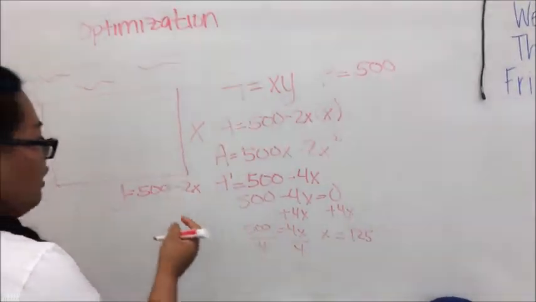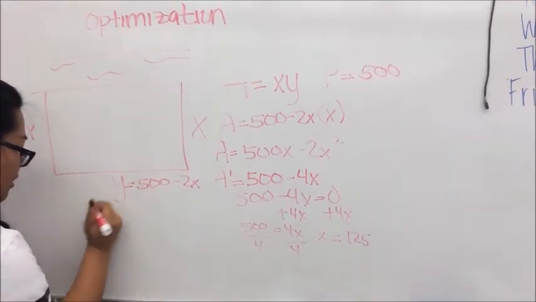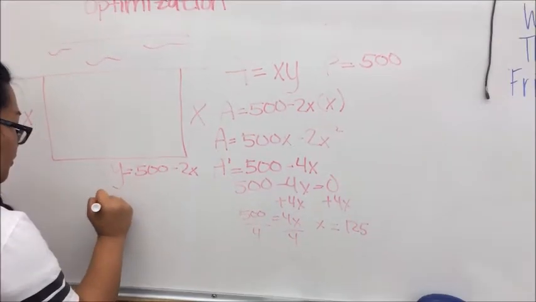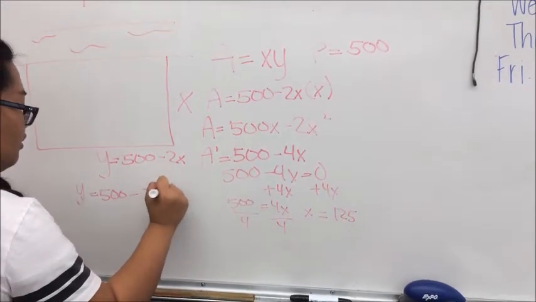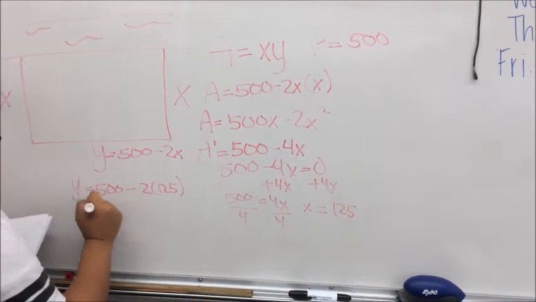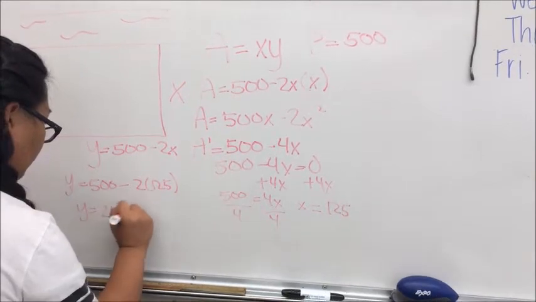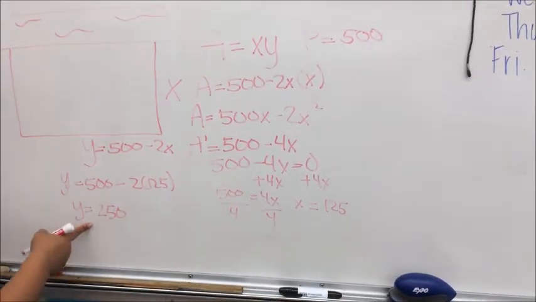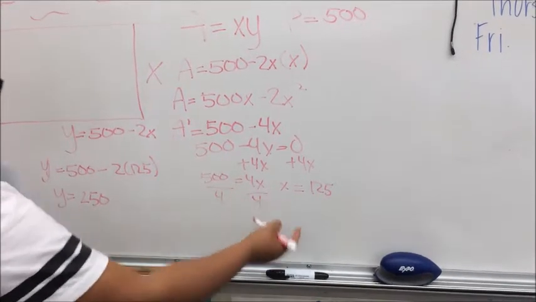So for now, since we have the x, we can just plug it in this equation and solve for y. So it's going to be y equals 500 minus 2 times 125, and it's going to be equal to 250. So we're looking for the area, so we have to multiply 250 and 125.